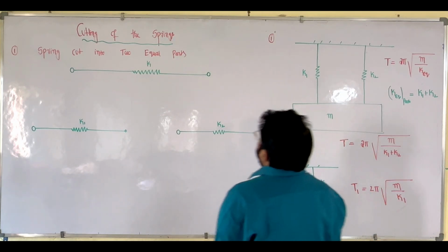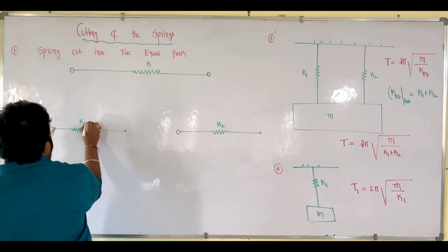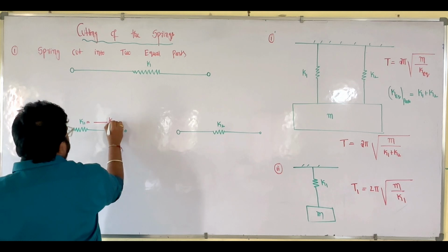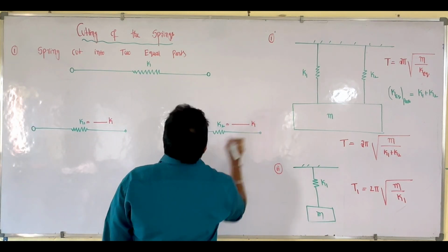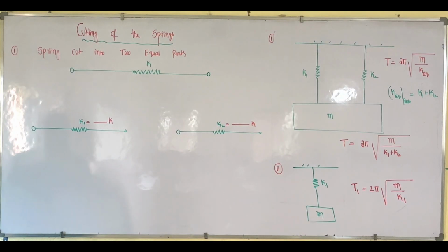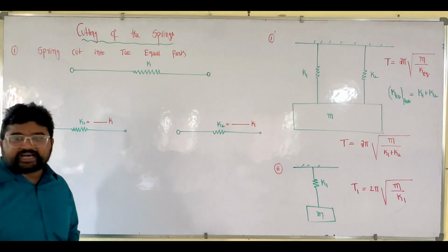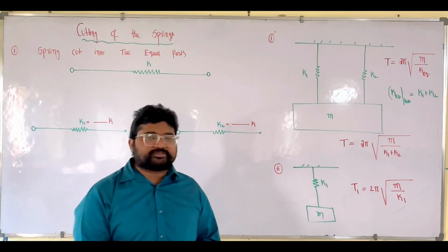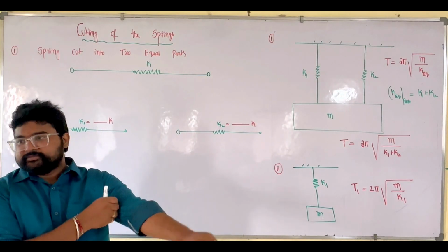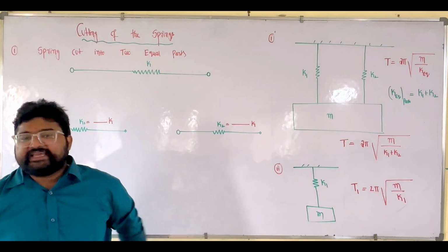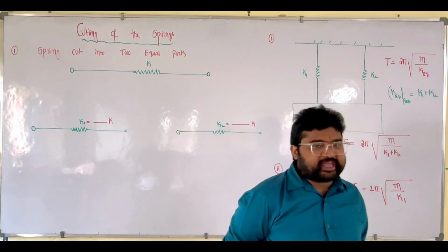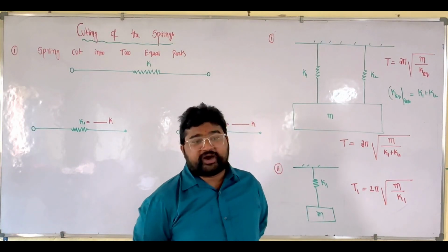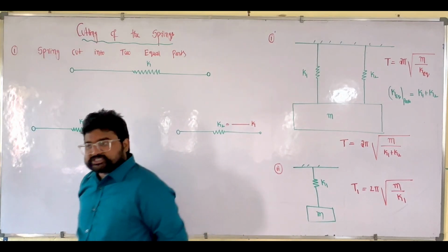They are asking K1 in terms of K, and K2 in terms of K. Tell me, when you cut the spring into 2 equal parts, stiffness of each spring becomes how much, in terms of K, the stiffness of the original spring?